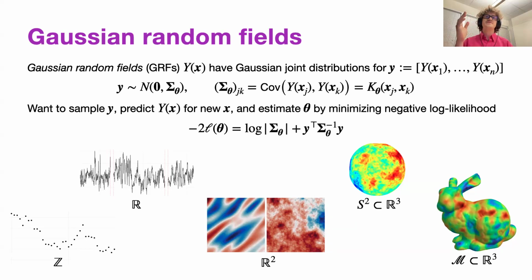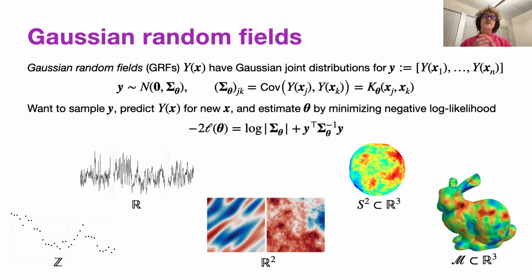So this distribution is fully specified by this covariance function k theta that we show here, which essentially tells us how observations of our process at a point xj and at a point xk depend on each other. What does the correlation structure or the covariance structure look like? And we'll assume, without loss of generality, that this is a mean zero process. So we're considering only the fluctuations and trying to capture that structure.